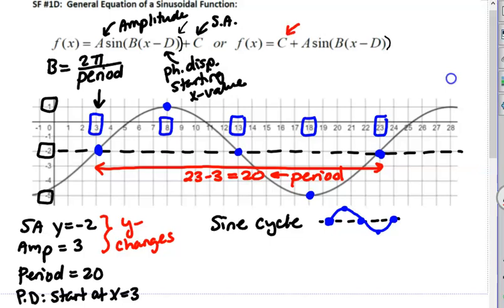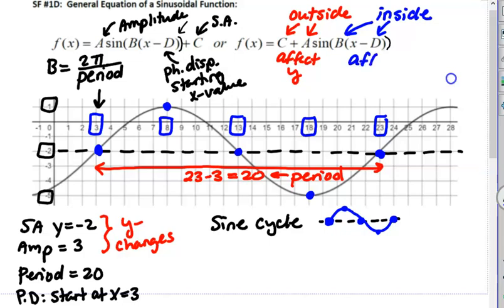These two values, the C and the A, are both outside the function, which means they affect the y direction. These two numbers that are inside the function, the b and the d, since they're inside the function, these two affect x.